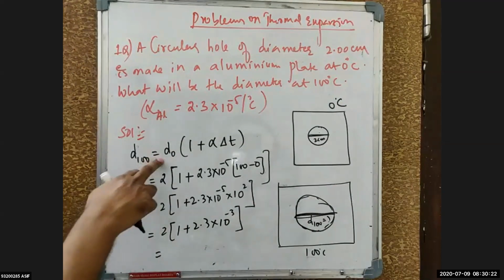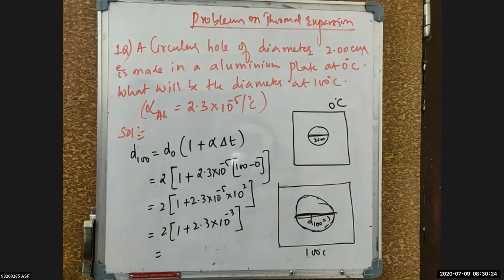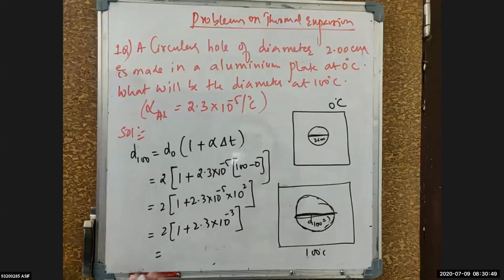So diameter of the hole is equal to d naught into 1 plus alpha into delta theta. See how much you are getting, faster. So 2.0046, sir. 2.0046 centimeter.